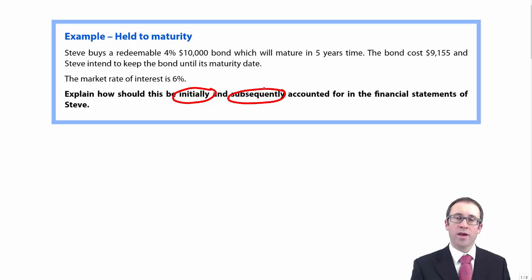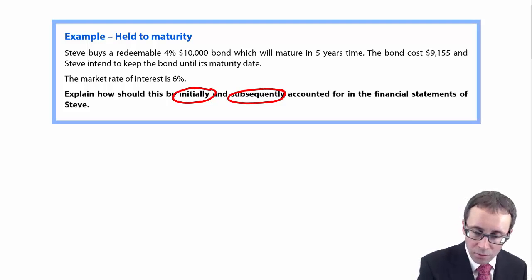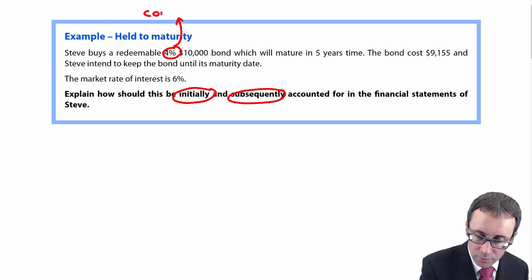So we know that initially it will be accounted for at fair value plus transaction costs. So how much did we pay to buy this financial asset? So it says Steve buys a redeemable 4% $10,000 bond. So the 4% there, remember, is your coupon rate.